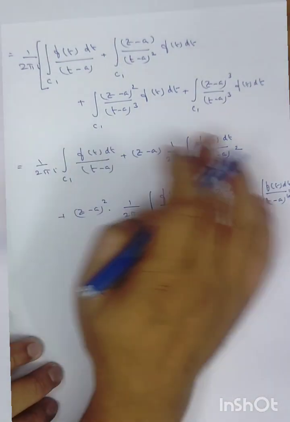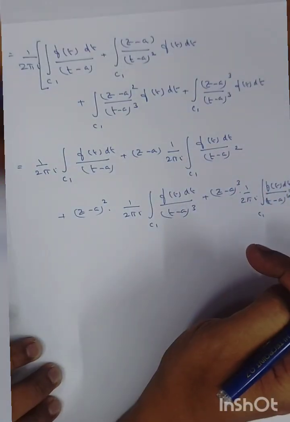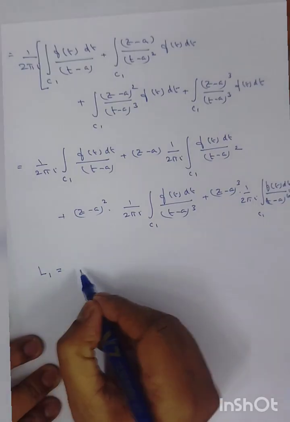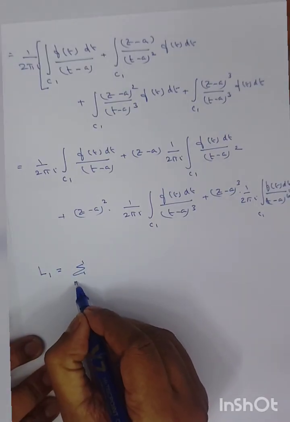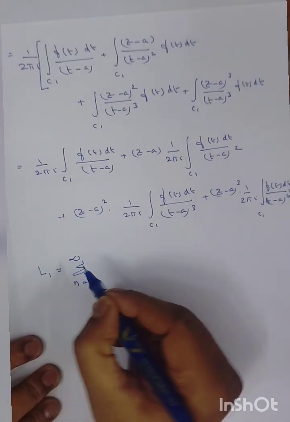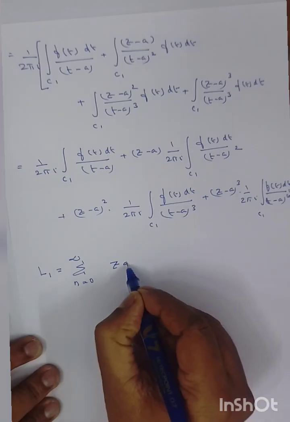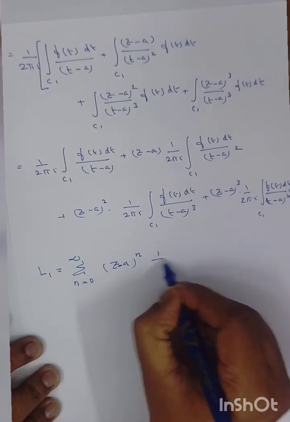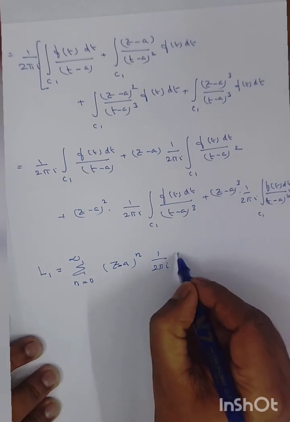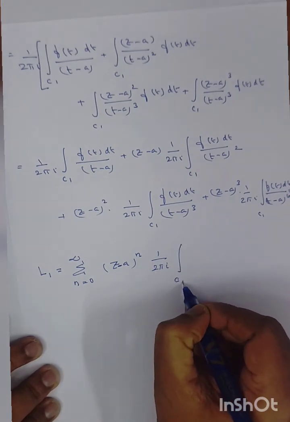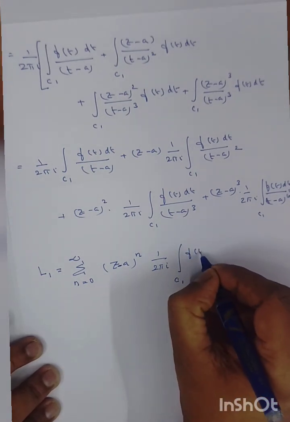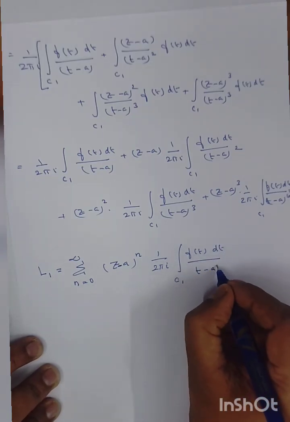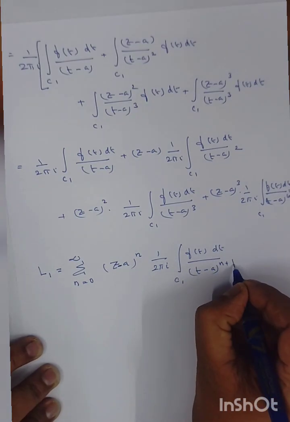Now to make this equation into a common form, let L1 is equal to summation of n is equal to 0 to infinity, z minus a whole power n, 1 by 2 pi i integral c1 f of t dt divided by t minus a whole power n plus 1.